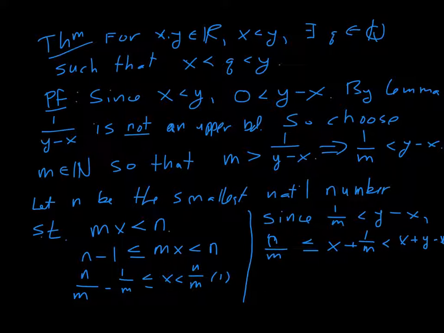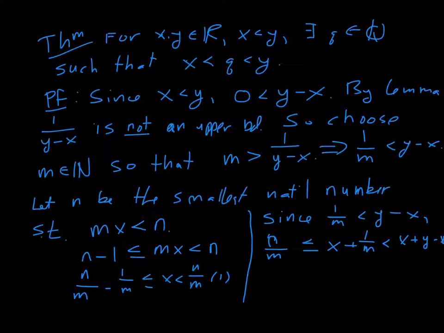But this inequality comes from saying that 1 over m is less than y minus x. That's where this chain of inequalities comes from. But just look right here. This says x plus y minus x. That's just equal to y.